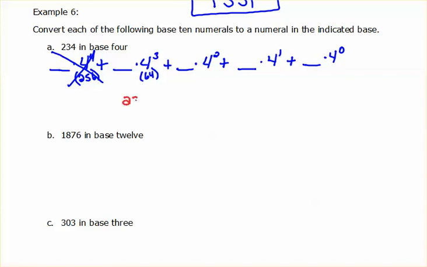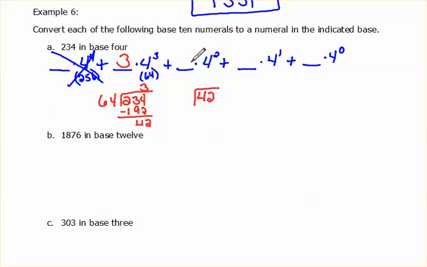So to do that, we need to do the division. 234 divided by 64 goes in 3 times, and 3 times 64 is 192. So when we do the subtraction, we get 42 left over. So there are 3 groups of 64, and now we have 42 left over.